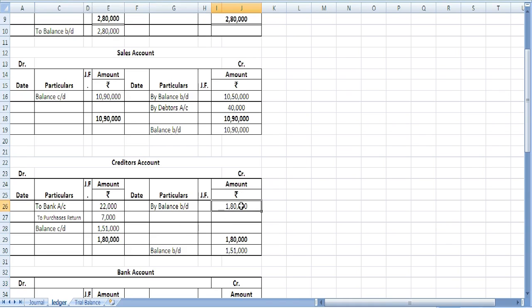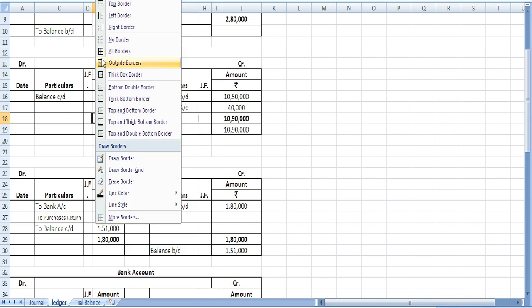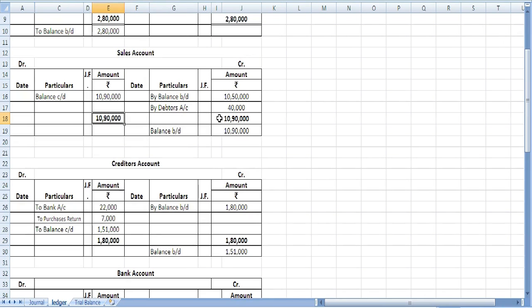Now here opening was 1,80,000, and then if we added this side, we got 29,000. That means a difference of 1,51,000 was coming, which is becoming the balance CD. What are we going to do here? We are going to close all these with a double line.